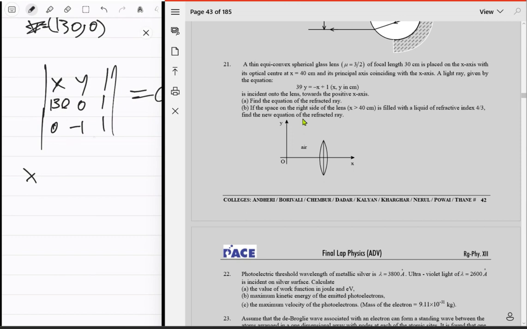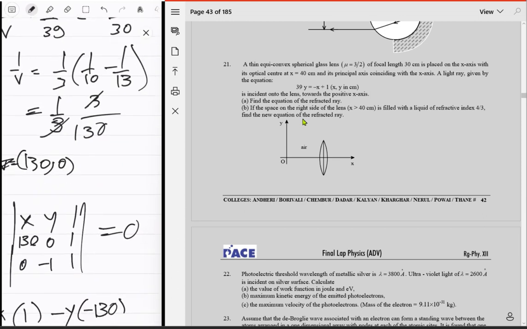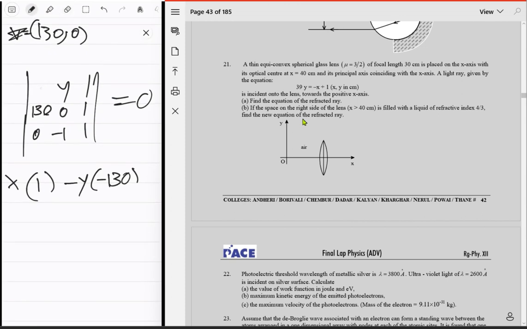Can we do something about this 130? No, nothing we can do for now. Let's calculate. x times 1 minus 0, that's 0. Okay, then -1 is like +1. Then later negative y and you just have negative 130, whatever. And here we actually need u, not x, but whatever.